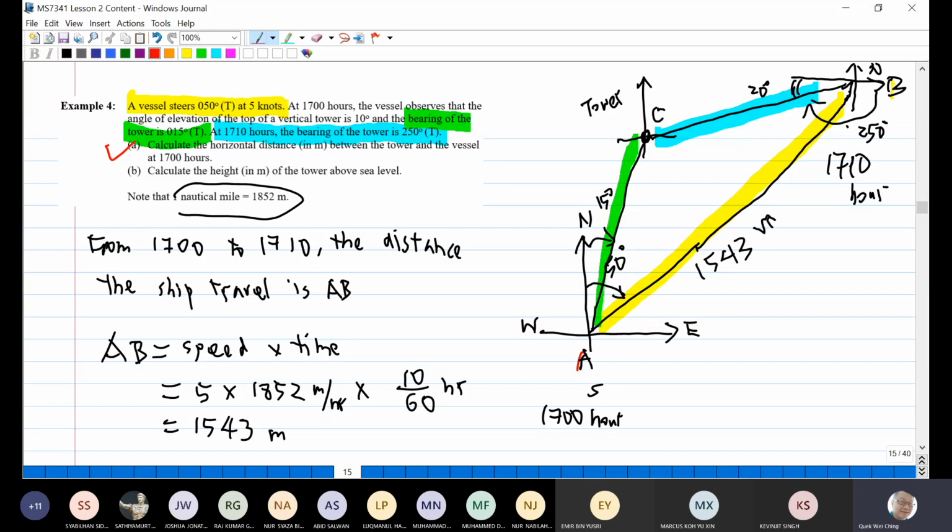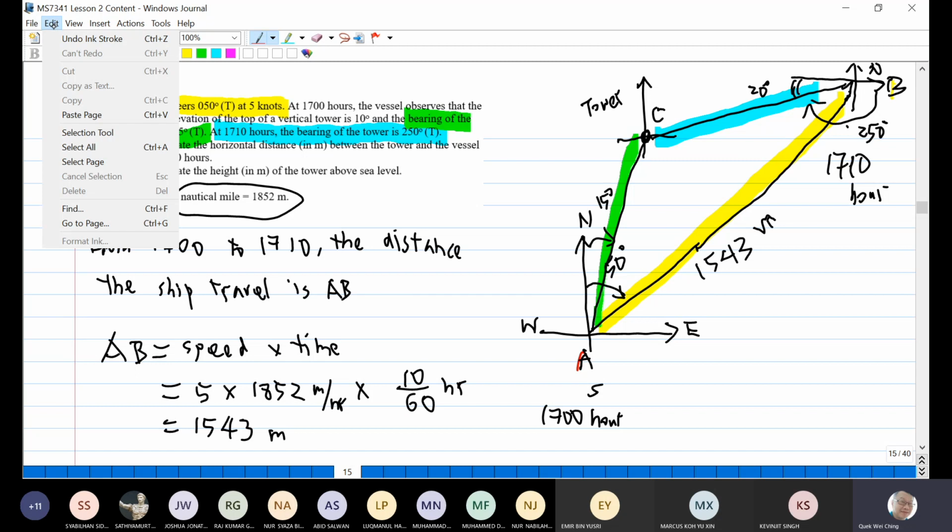Okay, so let's try to do the calculation about the triangle first. Okay, that's the triangle. Finish, continue, right? I need to find out more information about the triangle now, otherwise you cannot do the calculation actually. So at this select page here.